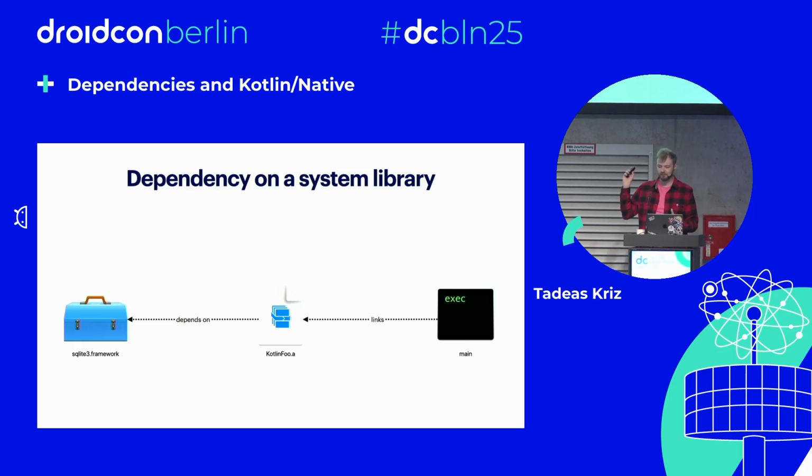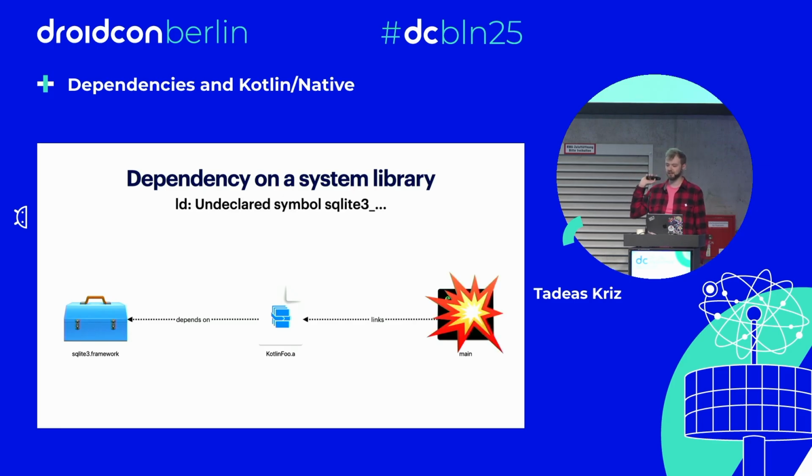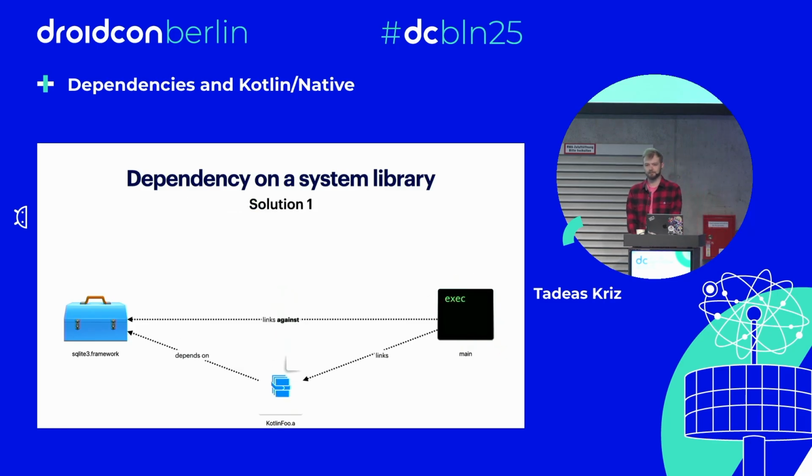But if you change it, based on the previous slide, to static, you may get, oh, undeclared symbol SQLite. And this is something your iOS people will get, not you. You will be like, I'm fine. I just produced you a nice static library. Do what you will.